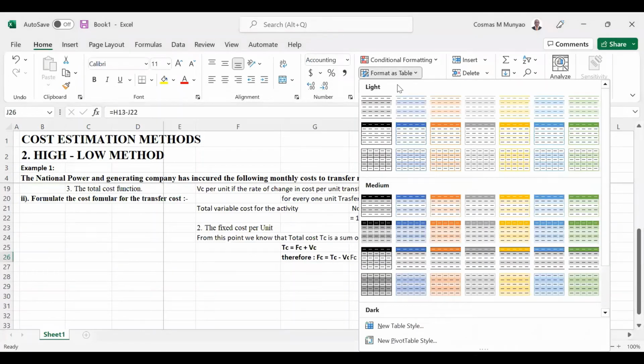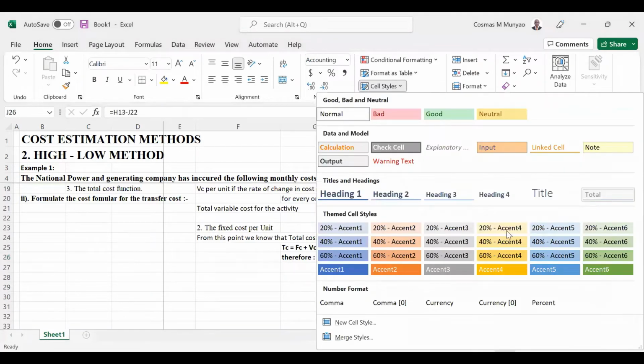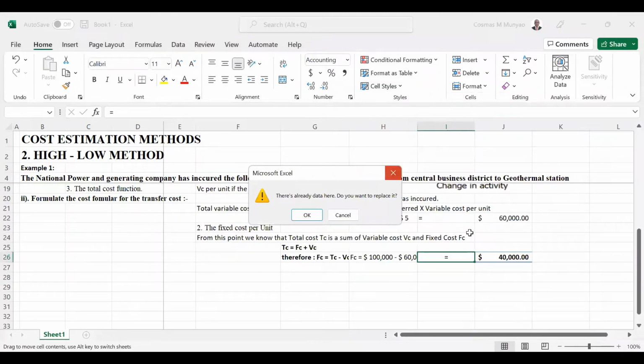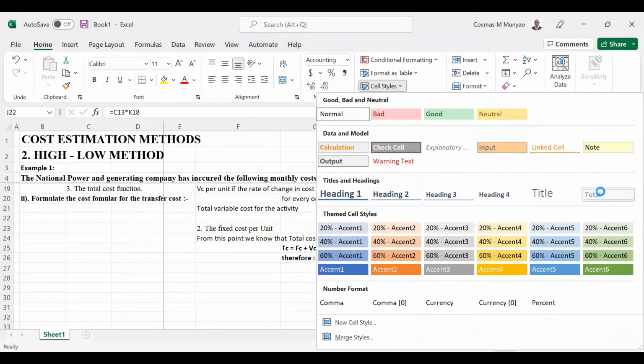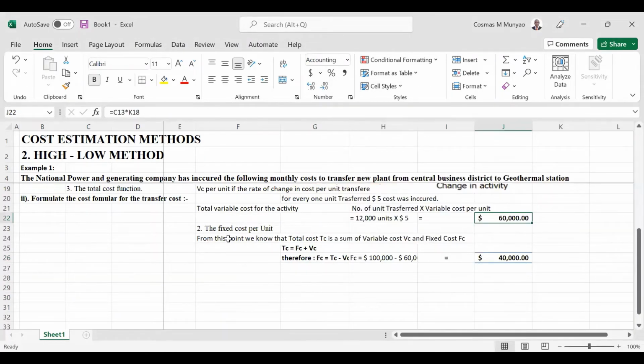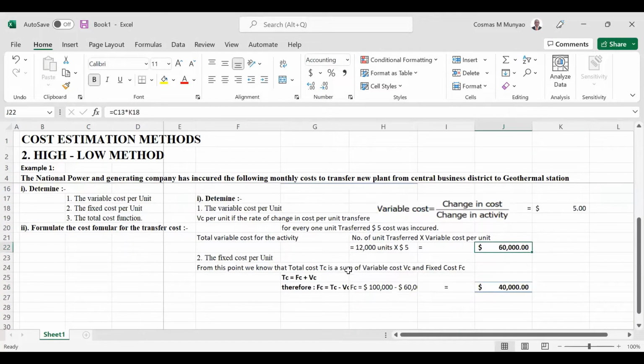Now you need to cell style this, and also make this one a total. All right, that's how we get it.